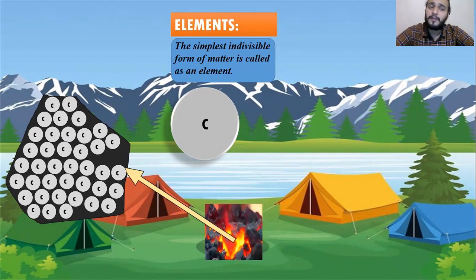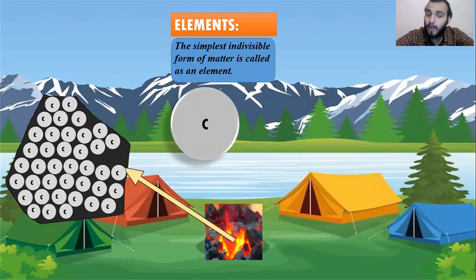So we cannot break it and we cannot get any new substance over here. Hence carbon is called an element. Because if we break a piece of coal which contains carbon, again we will be getting carbon only. No new substances are formed. So we say it is indivisible. So the simplest and indivisible form of matter is called an element.